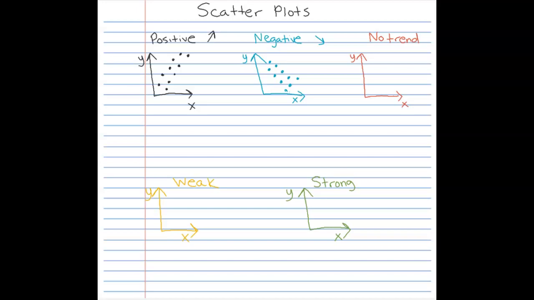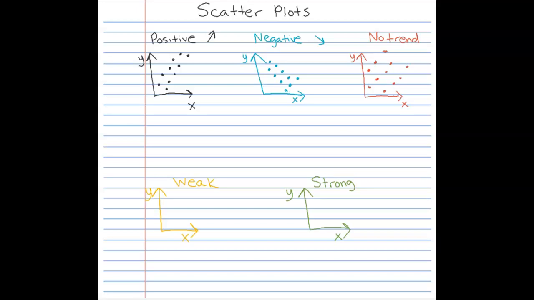You could also have scatter plots where honestly there's really no trend to it. I can kind of put this all over the place. See how if I'm going positive, I typically know where I'm going as I plot more and more.